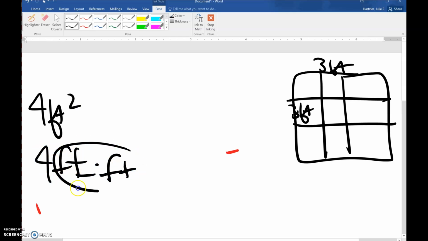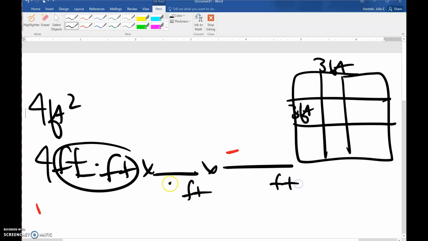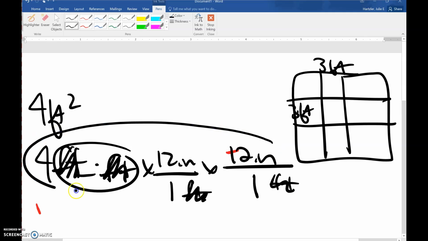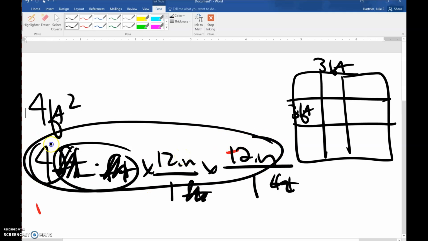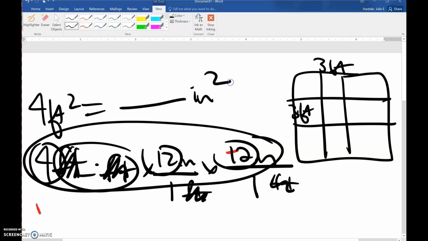And again, just the unit is squared, not the 4. Then I need to cancel feet twice, so I'm going to put a foot and a foot on bottom. And I know 1 foot has 12 inches and another foot has 12 inches. Notice both feet cancel because I have 2 of them. So then I take 4 times 12 times 12, and that would be your answer in square inches.